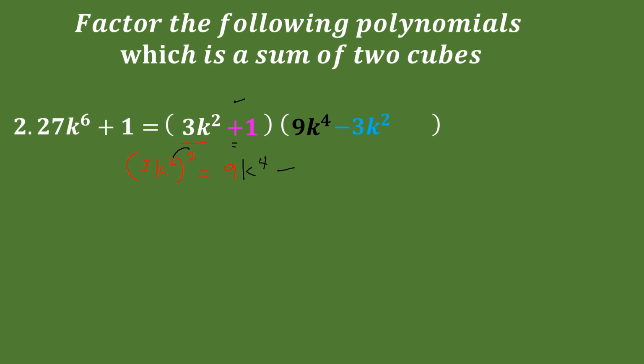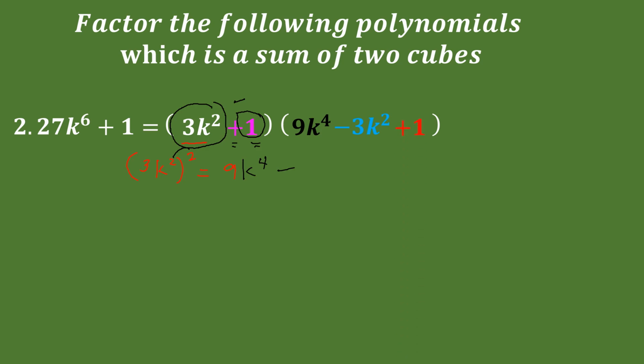And then where did we get the 3k squared? Because the second term of the trinomial set says that we need to multiply the first and the second term of our binomial set. So 3k squared times 1 gives us 3k squared. And for our last term, what is the square of the second term of our binomial?